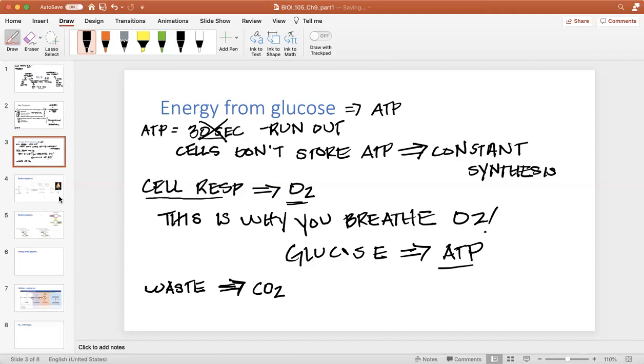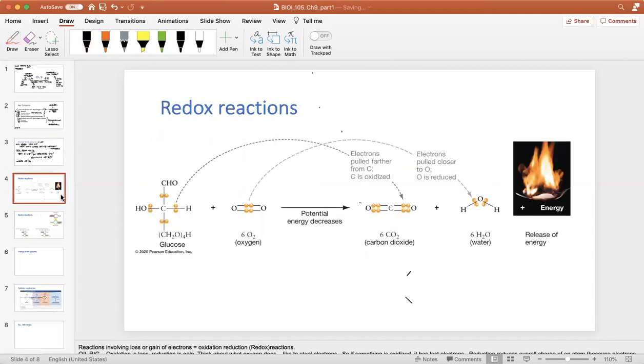Now let's take a look chemically at what's happening during cellular respiration. Here we have a molecule of glucose, and we can actually write this as C6H12O6, right? And I told you that cellular respiration needs oxygen, and we're actually going to use 6 molecules of oxygen, okay?